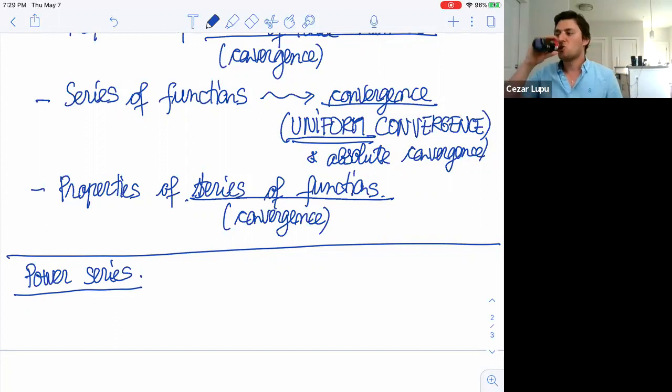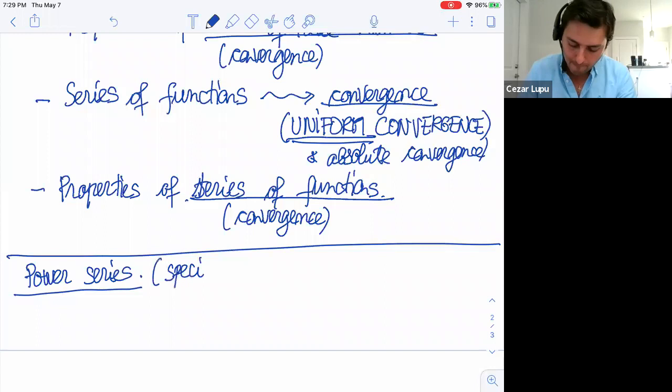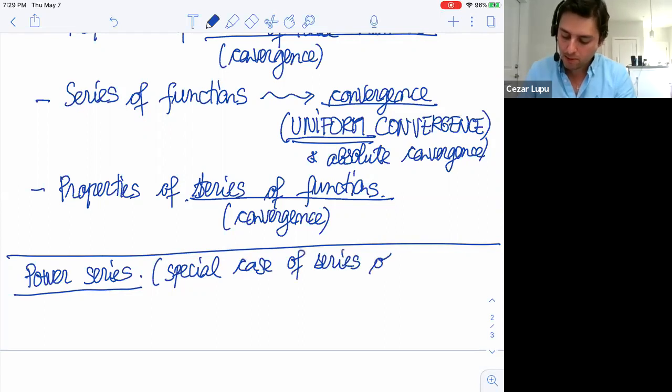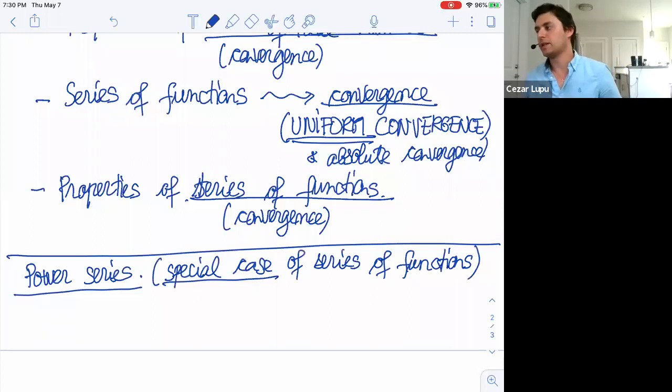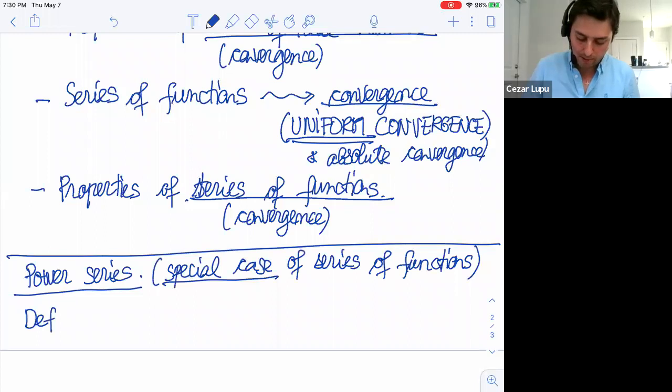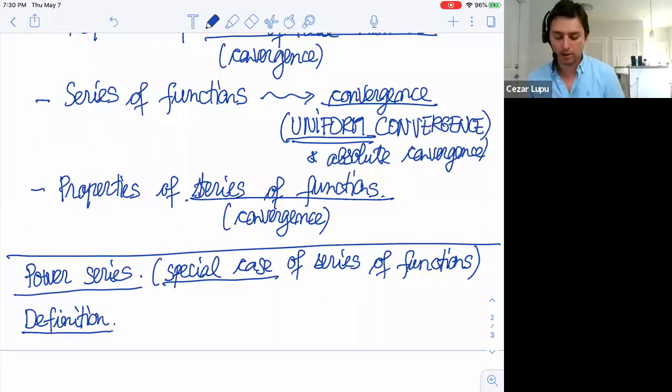We said in class that power series are a special case of series of functions, and I want you to keep this in mind. Let me recall the definition.